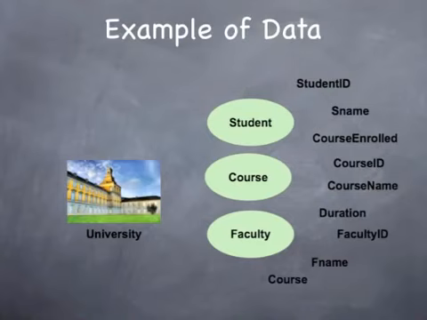We also have a list of a few attributes for each entity. The student would have a student ID, a name, and the course that the student is enrolled in. The course would have an ID, a name, and the length of time for which the course would run. The faculty would have an ID, a faculty name, and would be associated with a course which the faculty teaches.